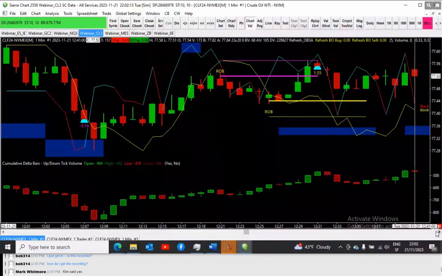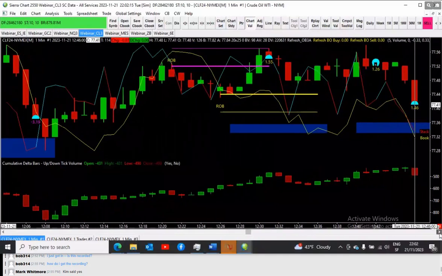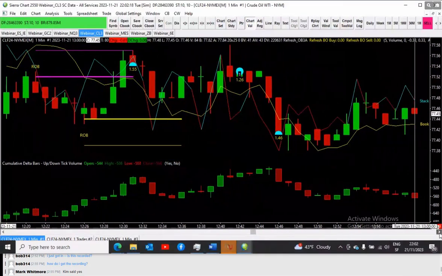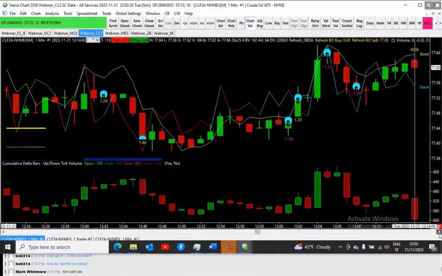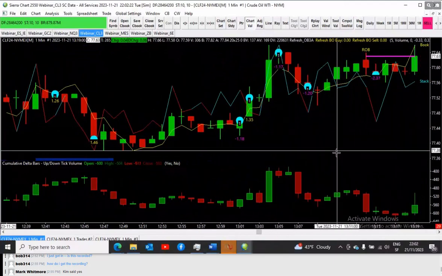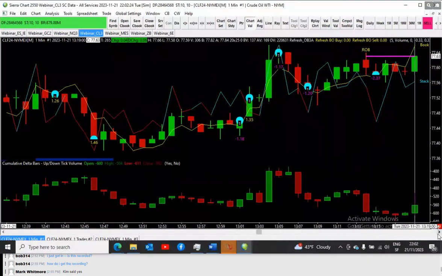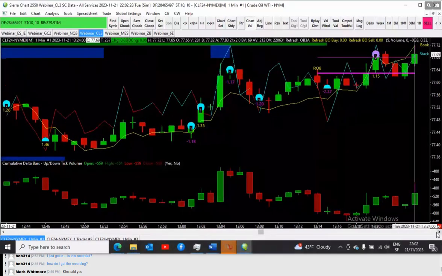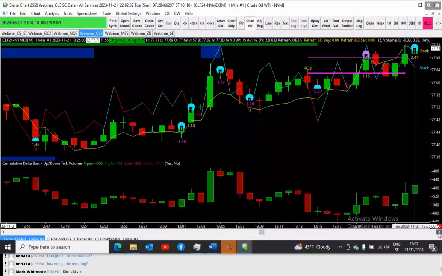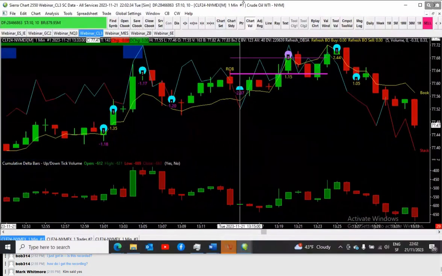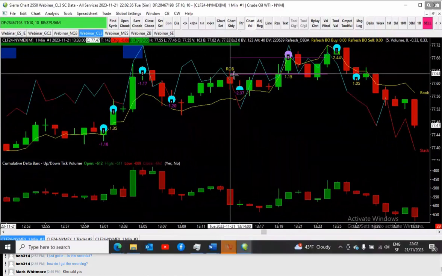So we'll just go through and see if we've got some more examples. I keep vol tick on most of my charts, because it's a really valuable indicator to give you a sense of where the trading activity is really focused. Here we get another ROB signal.